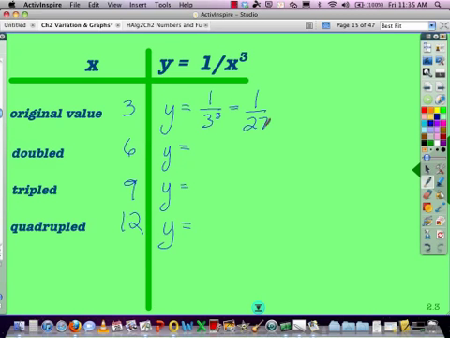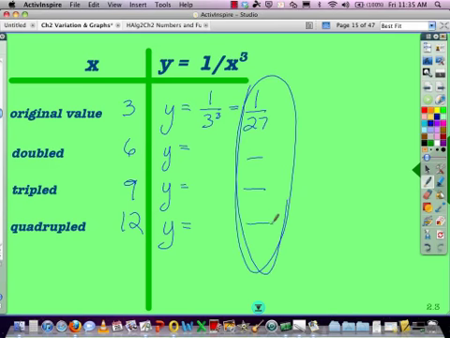Then, as we did in the last one, ask yourself those same questions. What happens to y? You're going to stay right here in this column, and look at those different values that you came up with. What happens to y when x was doubled? You're always going to compare back to your original. So what happens to this y value, its answer for the doubled, compared to that?